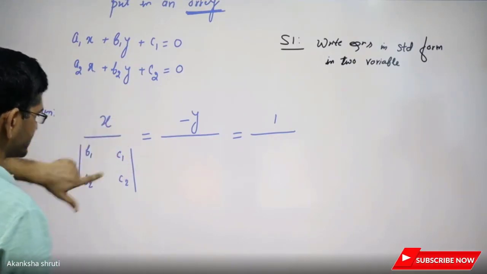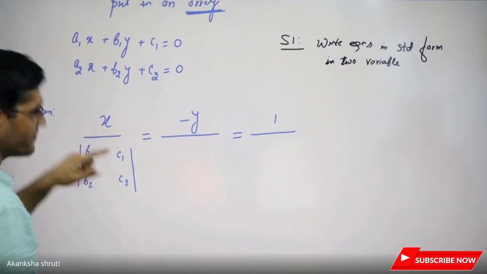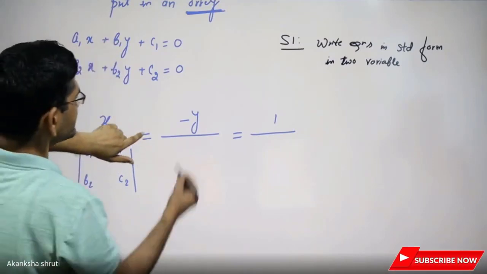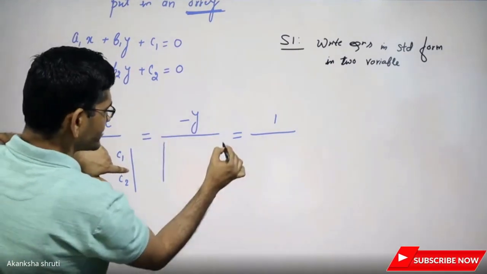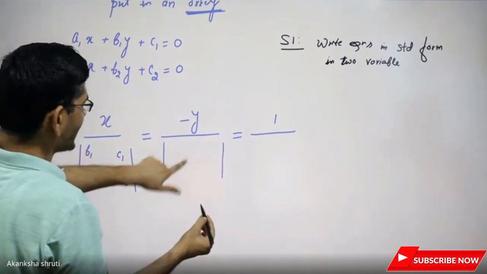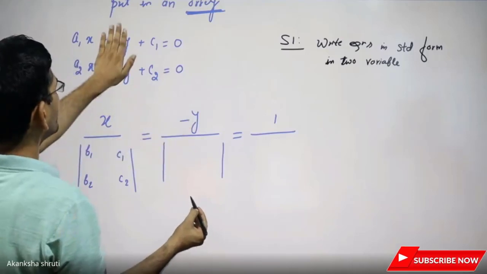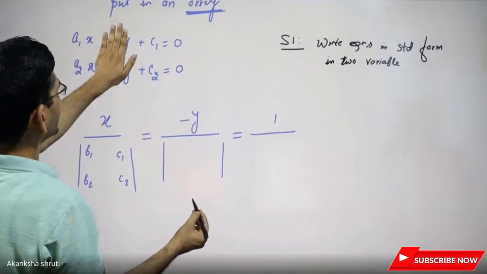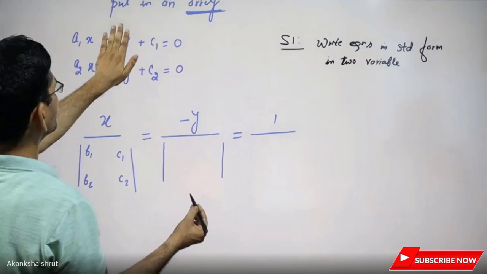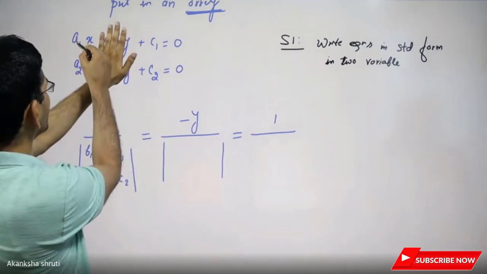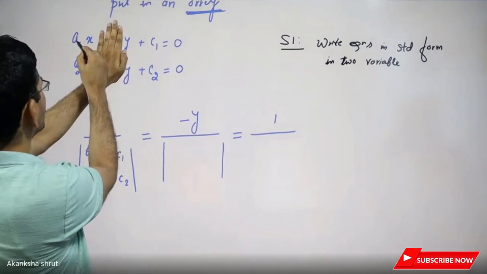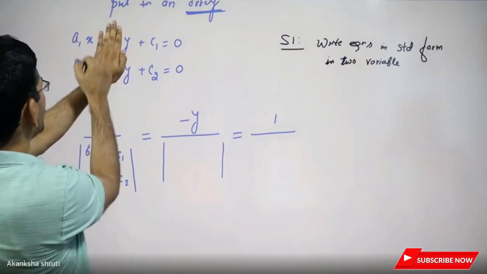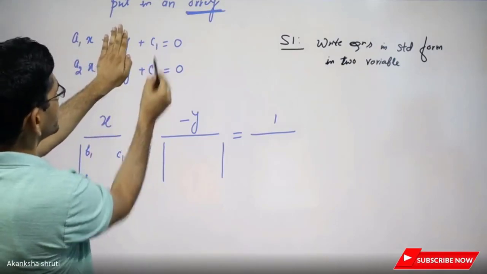How to find the value of this array in number form, that I will explain. Again, for minus y, we have to write the array below this y. For that, you have to hide it. Hiding this, what is left? Write down the coefficients and constant terms in the same order. Order is very important. It is a1, a2, c1, c2.